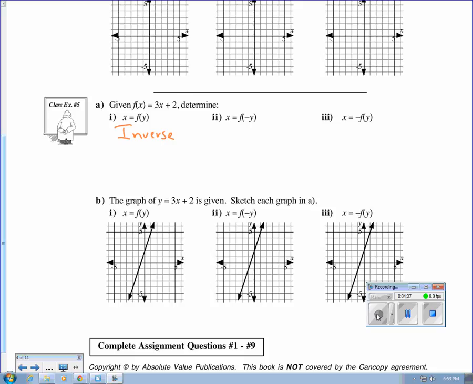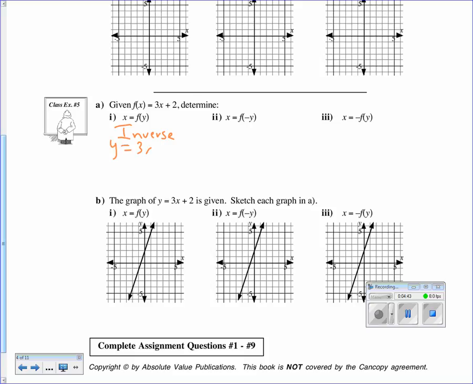So I'm going to first find my inverse, which means I write out my original statement, y equals 3x plus 2, then flip the x's and y's. So x is equal to 3y plus 2. And then finally, (x minus 2) over 3 would be equal to y.